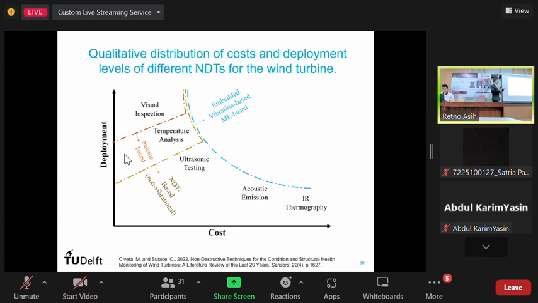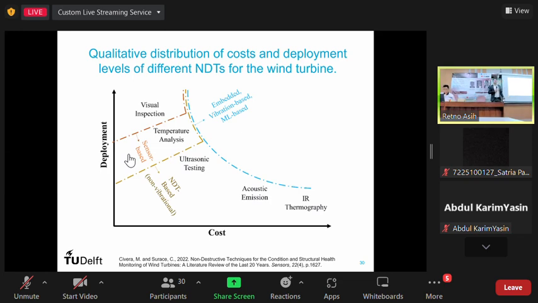But not all the techniques are easy to deploy. So ease of deployment and the cost. You see that visual inspection is still one of the best solutions, and the reason is that it's easy to deploy and it has a low cost.